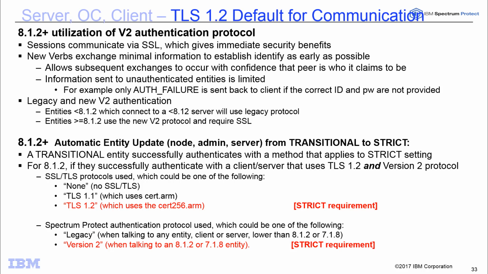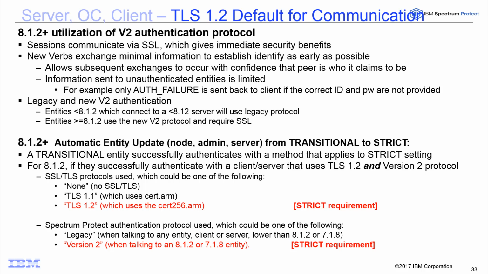And then once we've established this identity, the subsequent exchanges occur with confidence that we know who we're talking to. Additionally, information that's sent to an unauthenticated entity is going to be limited.